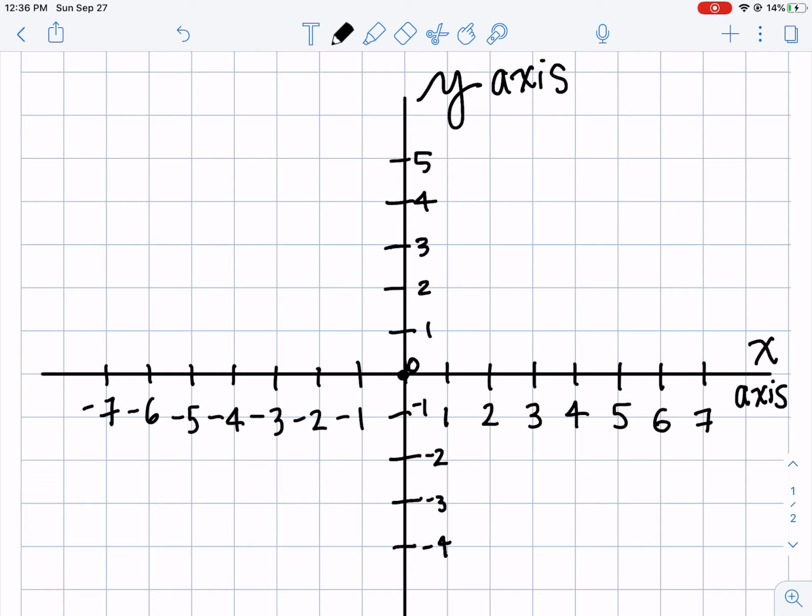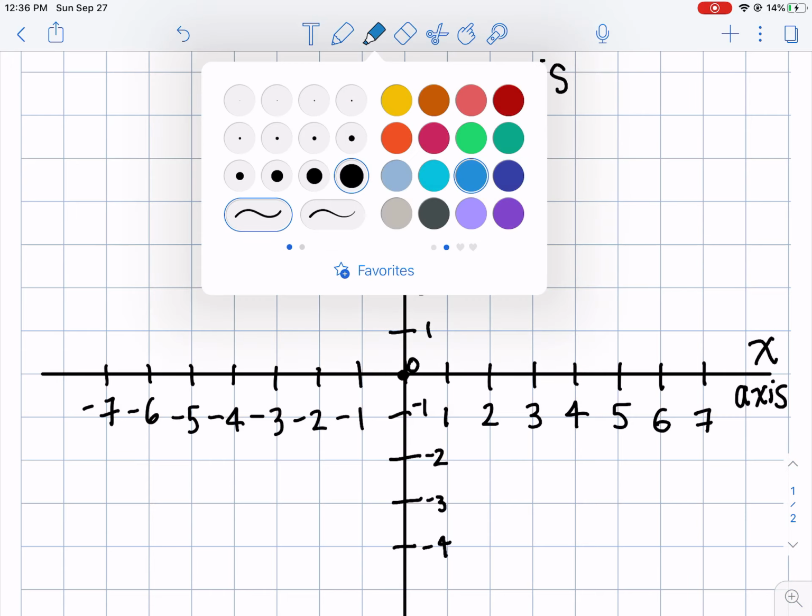So I could plot points here like 4, but I can also plot points on the y-axis. And not only that, I can plot points over here, like I could plot the point 5, 4 right there. So let's talk through some of these points and how we do that.